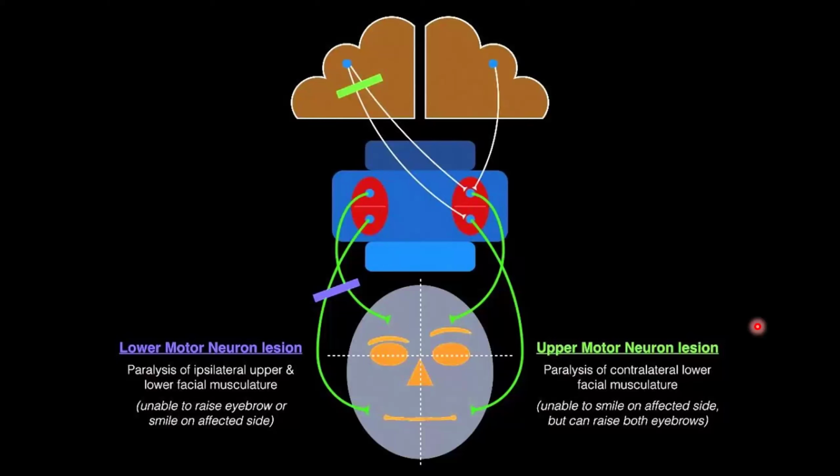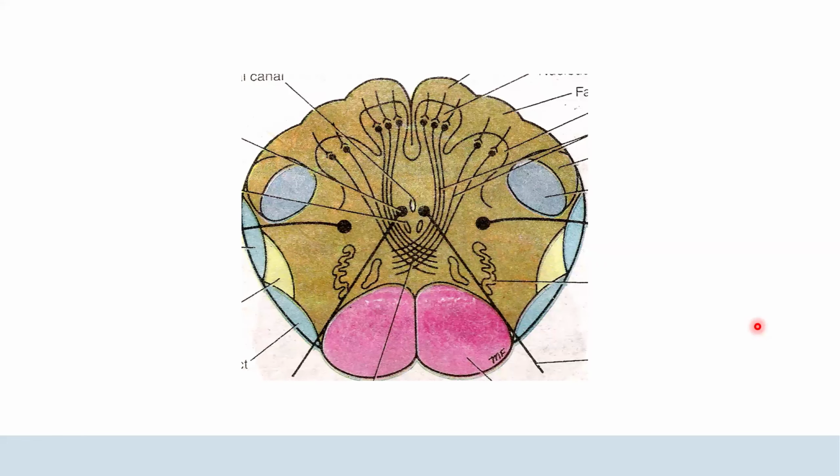All right, moving on to the actual sections now. Looking at this one, I want you guys to tell me which level are we looking at and why. You're going to be doing all of the work here.